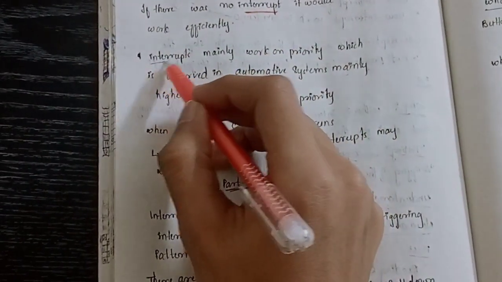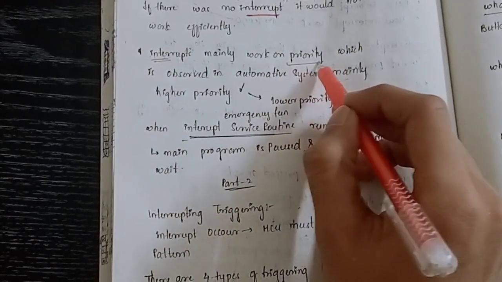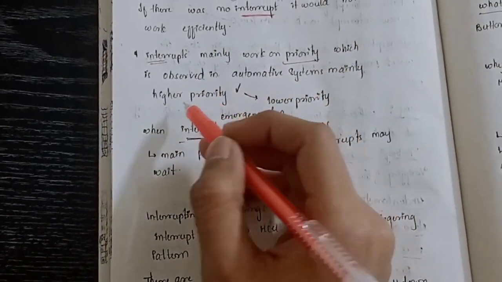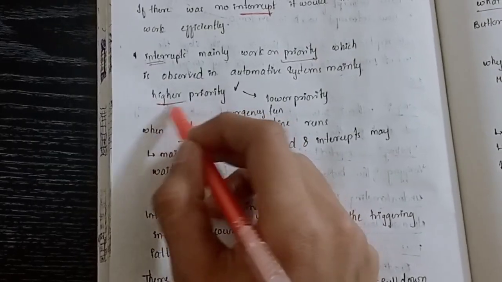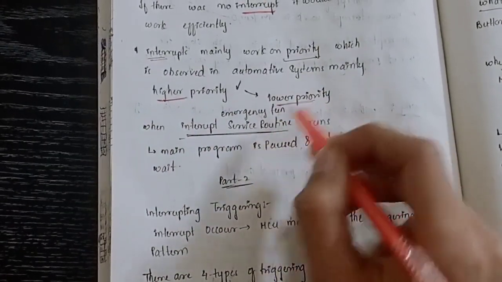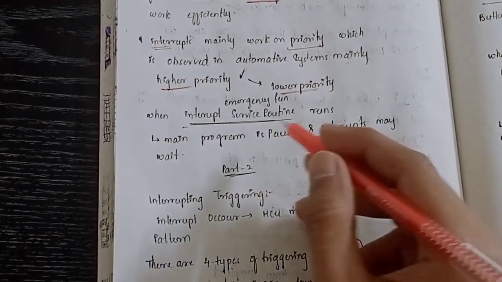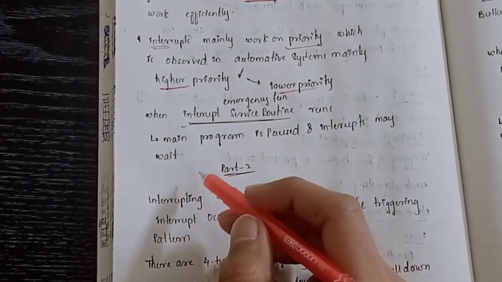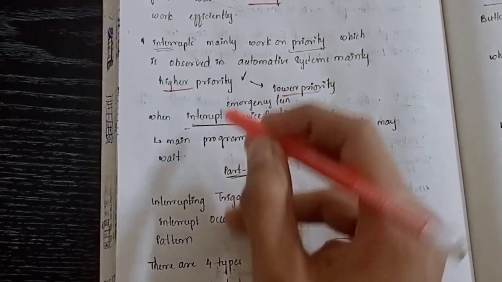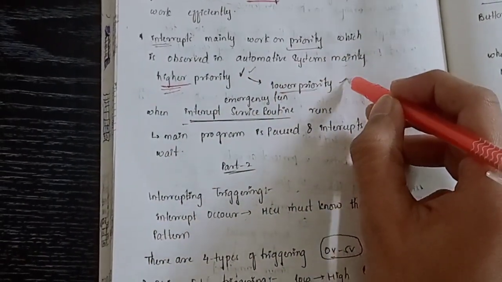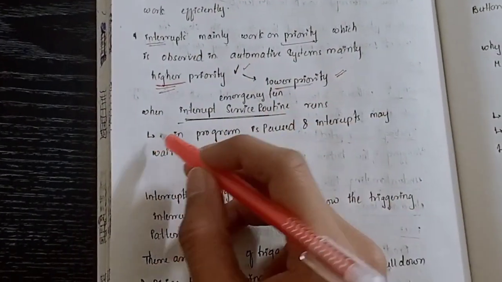So interrupts mainly work on priority. There could be higher priorities and lower priorities. The higher priority task would be completed first and the lower would be done next.